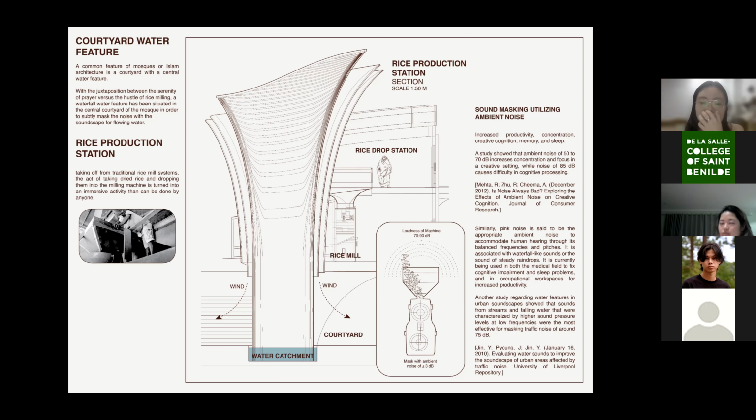So we just elevated that concept by adding more levels to our structure so that children or families could gather rice and drop them into the rice mill to make the experience more immersive.